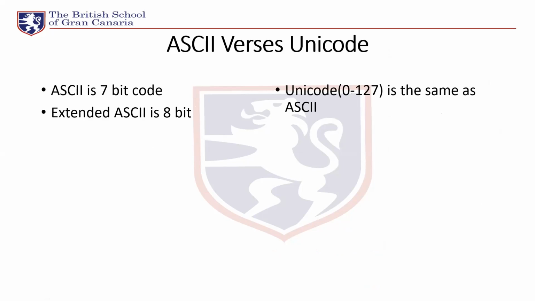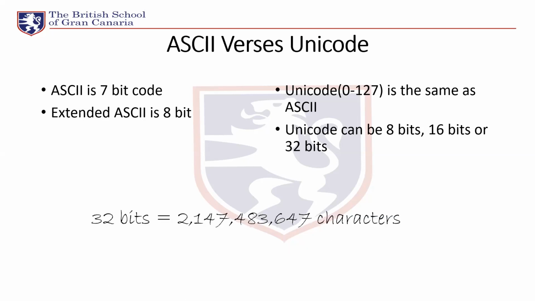ASCII can be extended to 8 bits, and Unicode can be 8 bits, 16 bits, or 32 bits. Extended ASCII is 8-bit, so it's got a bit more, but then Unicode has so much more. 32 bits can give us this number of characters, which is a rather large number.